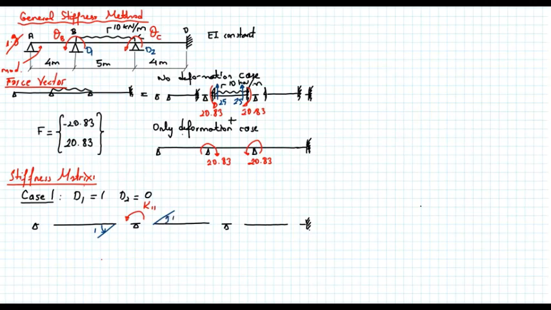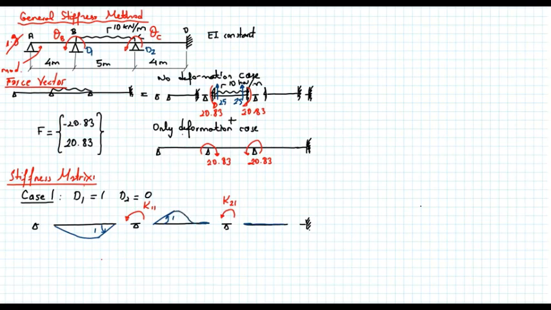And then I apply a moment here. I will name it K21, and this moment will create a 0 rotation here and 0 rotation here. So the deformed shape will look like this: member AB, member BC, and no rotation here.